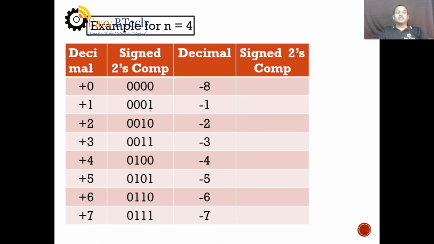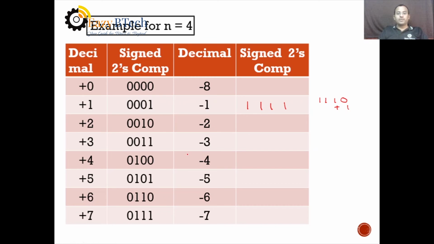Plus 1 is represented in this way. For minus 1, first we have to find the one's complement. If you find the one's complement, it is 1 1 1 0, and then we have to add 1 to find the two's complement.